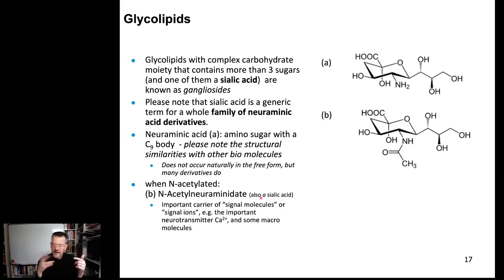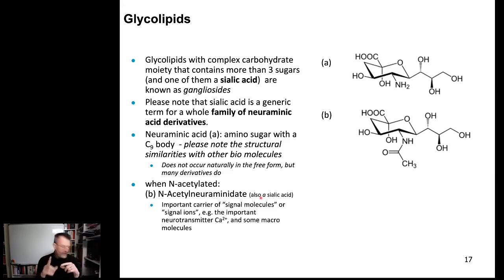And then, of course, they can also interact with macromolecules, where once again we leave the area of the normal biochemistry and enter the field of cell biology. I think I've stressed that now often enough, and if there are any questions regarding that, please let's discuss that in the exercises.